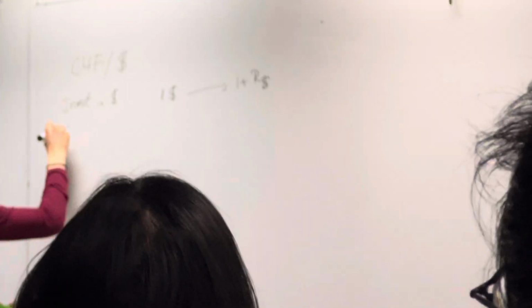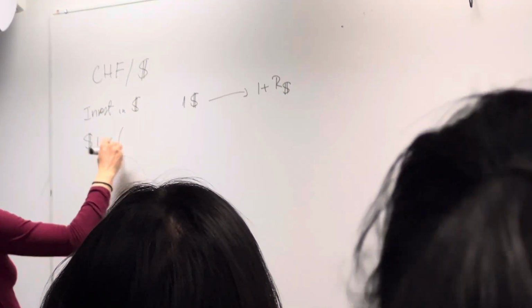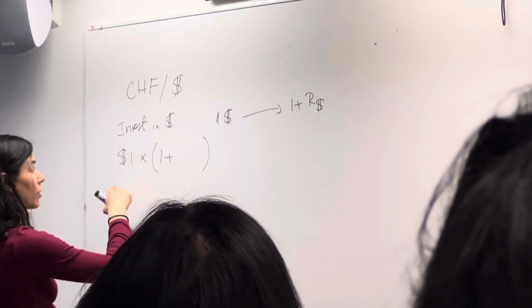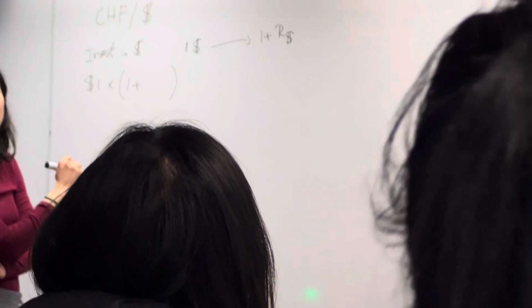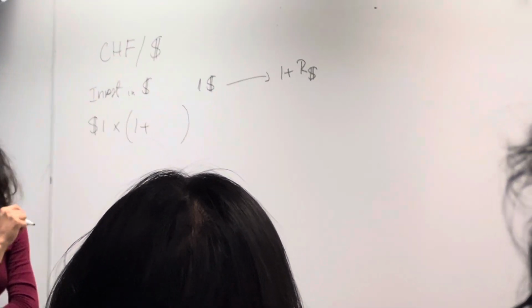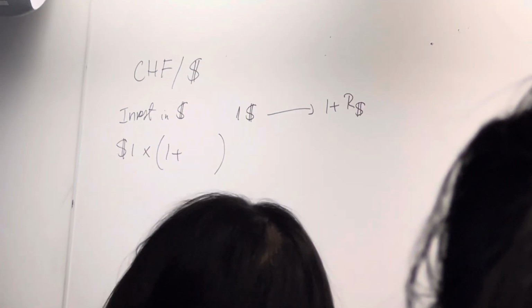So $1 invested at the interest rate for dollars will get us 1 times 1 plus the interest rate. What is the interest rate for dollars? 7%.